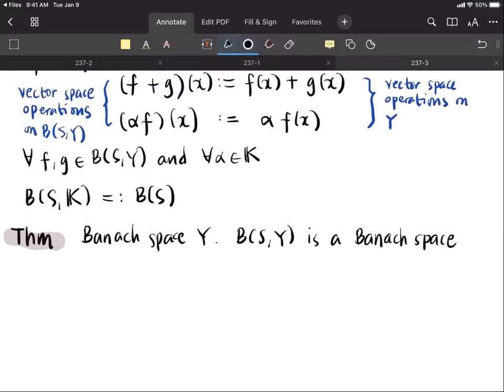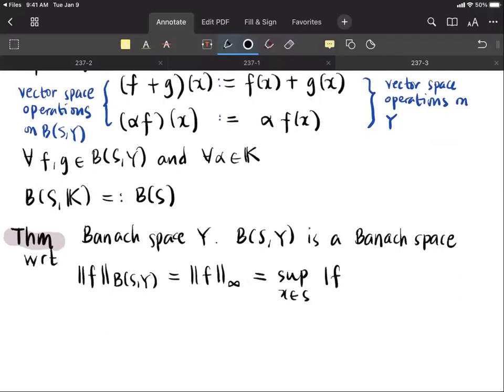with respect to the sup norm. And we either denote this by this notation or mimicking the little L infinity norm. So this is the supremum over all x in S of the norm of f of x, over all norms of the image.